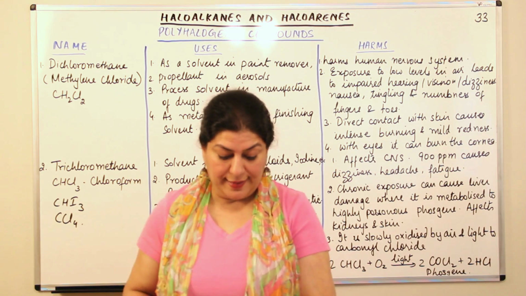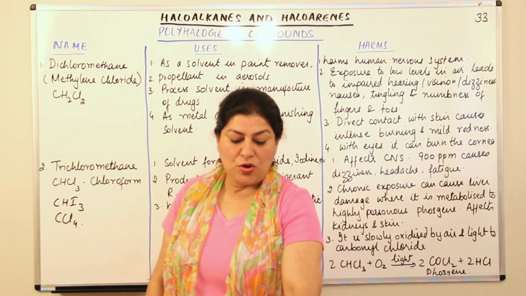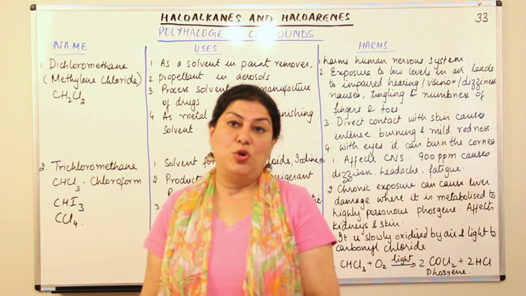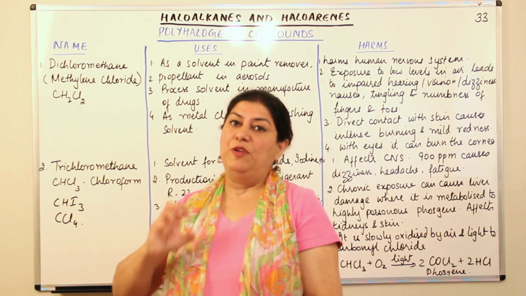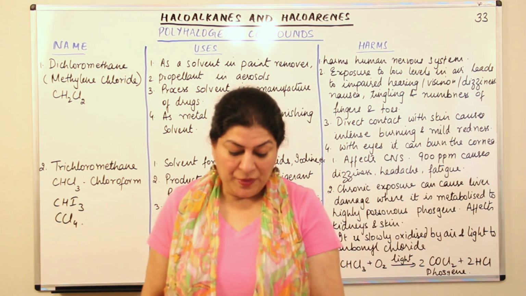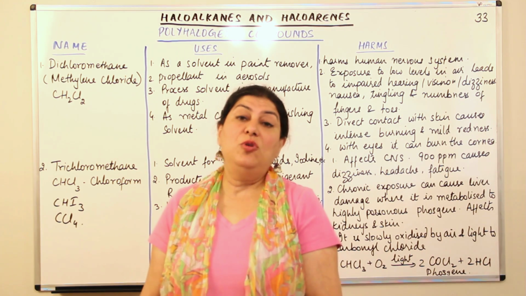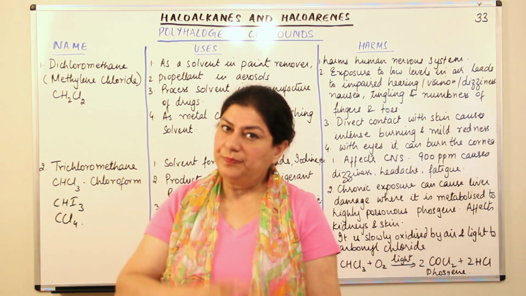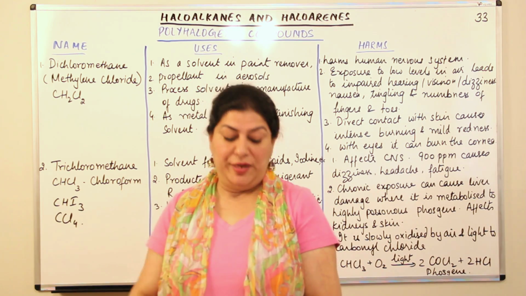into aerosol cans. It is also used as feedstock in the synthesis of chlorofluorocarbons. What are chlorofluorocarbons? They are freons. So it is used as feedstock, which means as the raw material for it, and other chemicals. Why? Because what are freons? Freons are those hydrocarbons which have both chlorine and fluorine.